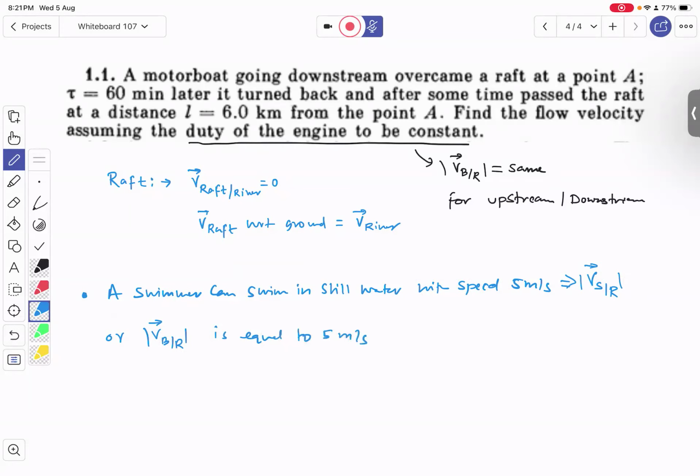There is some language you should know. If you see such a statement that a boat or a swimmer can swim in still water with this much speed, they are indirectly telling us the speed of the boat or the swimmer with respect to the river. Okay, so I'll take a new page.